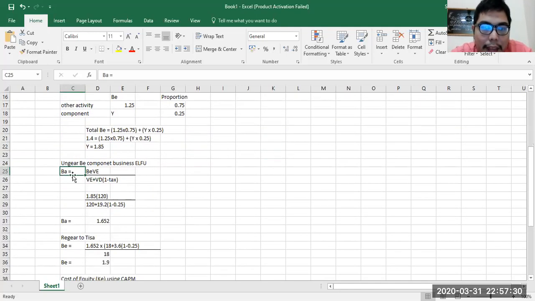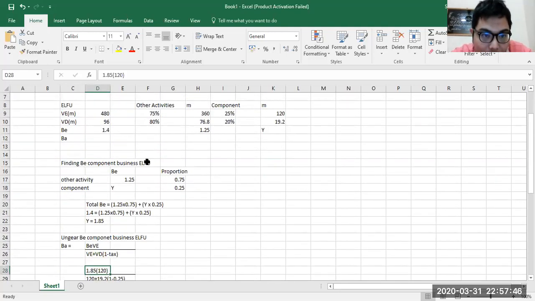Beta asset is equal to beta equity times value of equity over value of equity plus value of debt times 1 minus tax. So you just use the figures here. Beta equity 1.85, you already calculated that. 120 million, where do you get it?